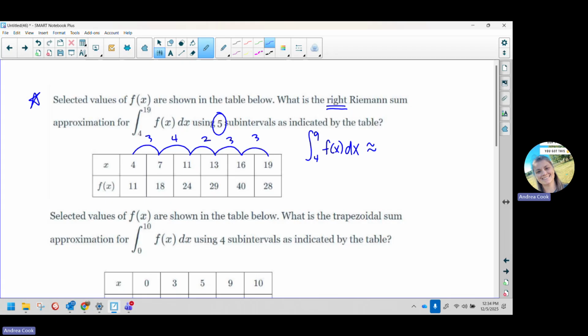What are you getting? Oh, someone put this in the wrong way. I got 360. Wait, it's just 300. Yeah, this time, upper bound.